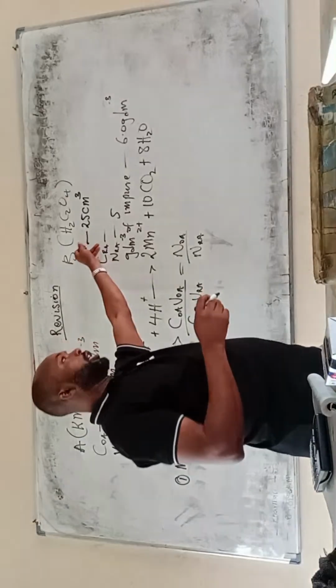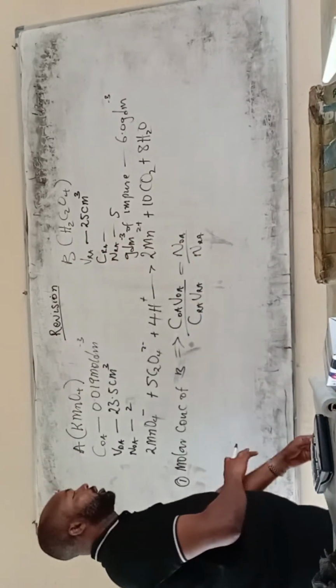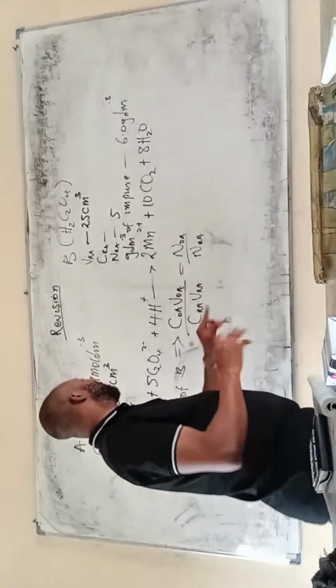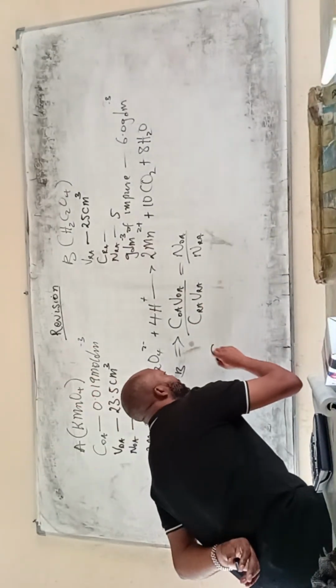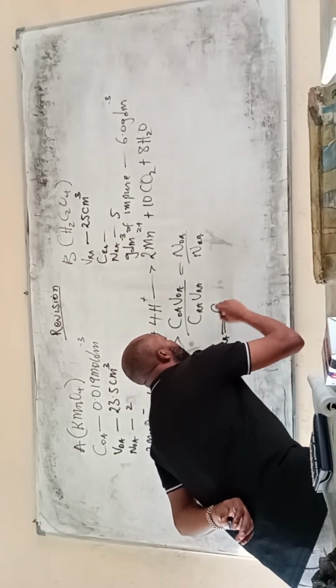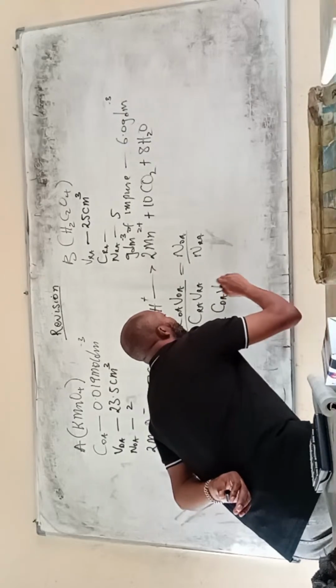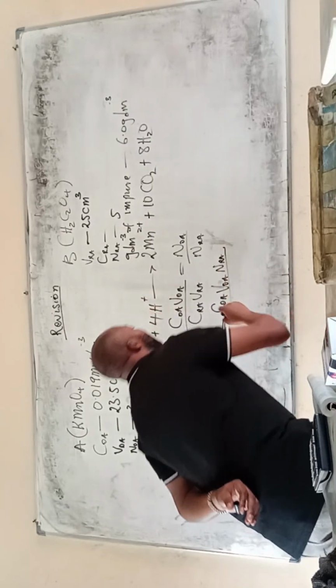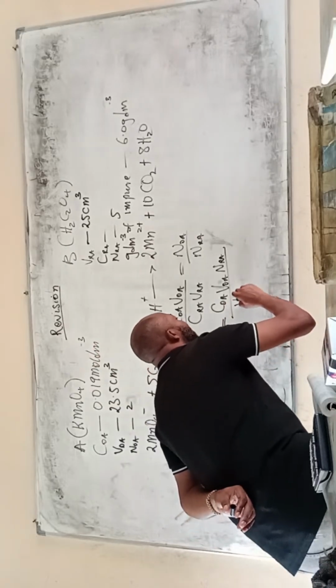This is the reducing agent, and we are calculating its molar concentration, that is CRA. Therefore CRA is equal to COA times VOA times NRA over VRA times NOA.